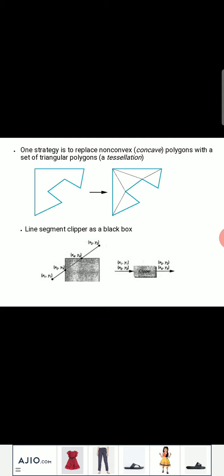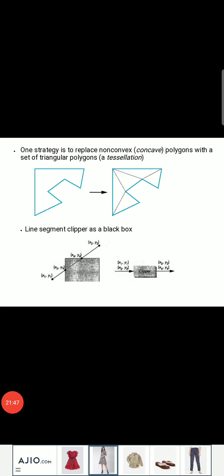A line segment clipper can be considered as a black box, and in order to clip a polygon, we can clip with respect to each bound or each side of the window. This black box has inputs, namely the four endpoints of the window and also the two endpoints of the line segment.